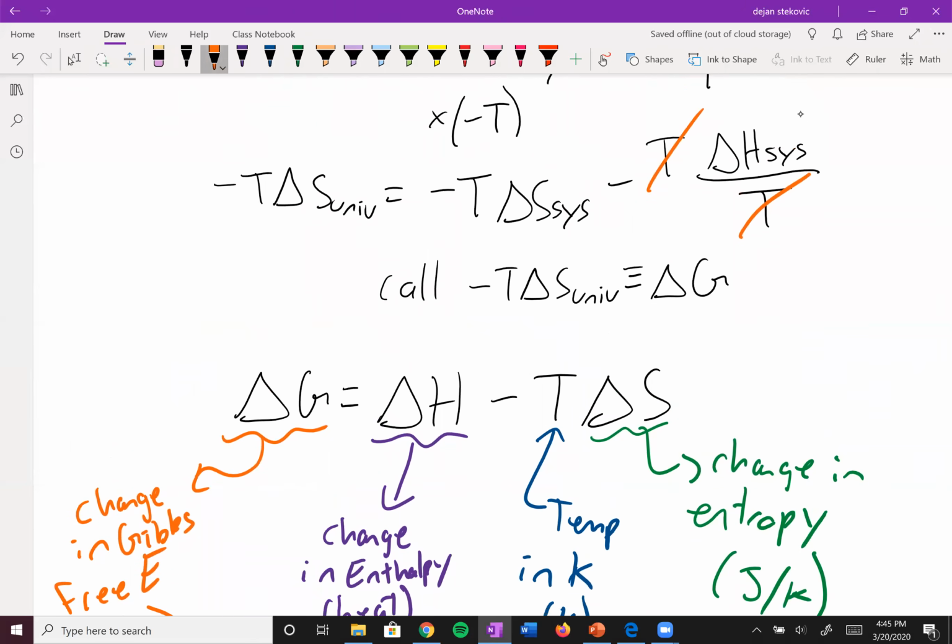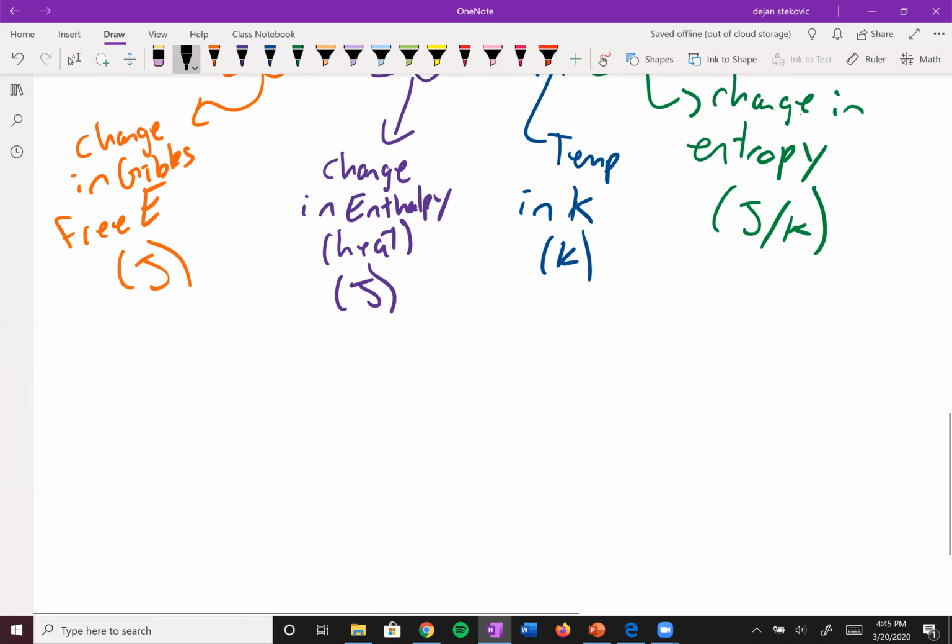But there's another big point that needs to be pointed out here. So if delta G is equal to the negative T of the delta S, they're not inversely proportional, but they're going to be opposite signs. So for a spontaneous reaction, the delta S of the universe is positive, but the delta G is negative.